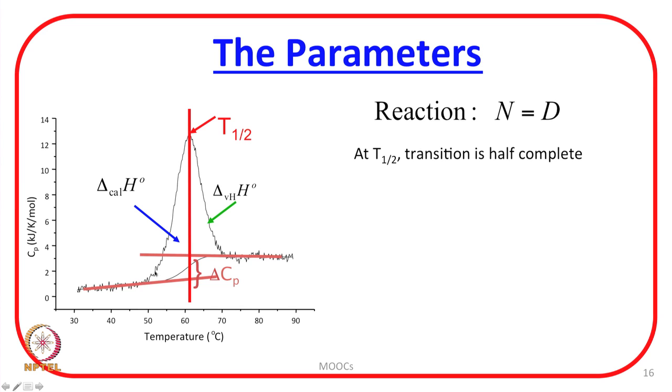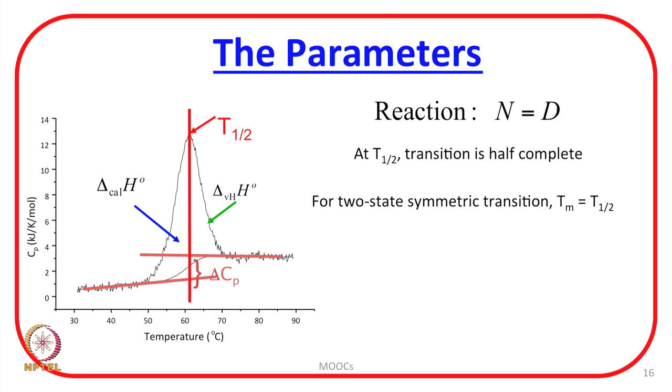Because if you consider this complete peak associated with the complete transition from native to denatured state, then at a point where the total area is divided into two equal halves, I repeat, where the area is divided into two equal halves, that temperature is T half. Let us remember this, and that is what is commented over here, that at T half the transition is half complete.